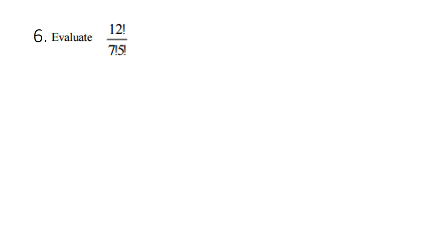Next question. This problem we've already kind of done. We have 12 factorial divided by 7 factorial times 5 factorial. All right, remember how to do these? These are pretty cheesy. That's because they're easy. So I am going to notice that this is my biggest number.